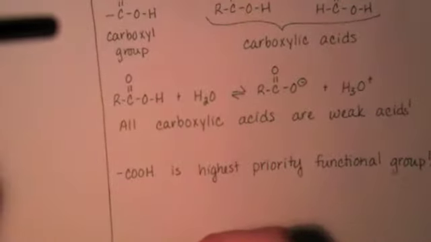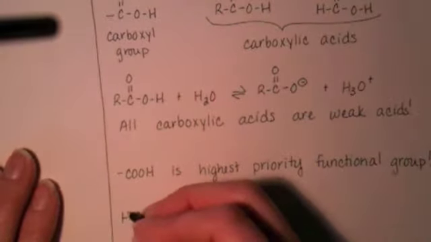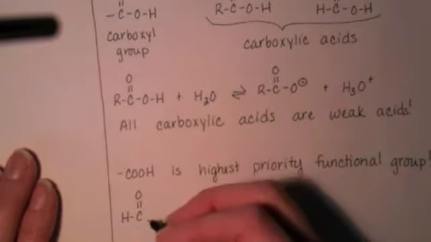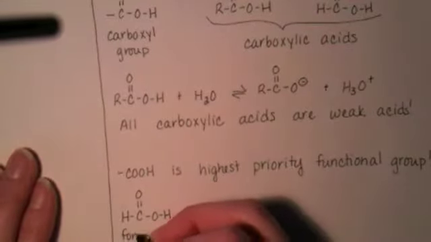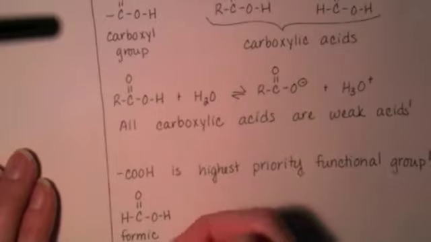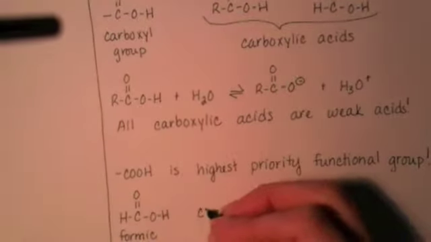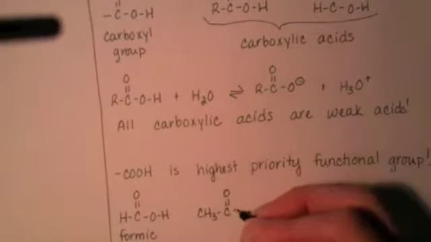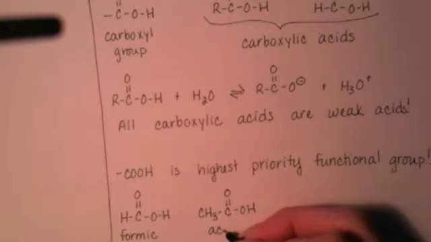There are 3 common carboxylic acids that you should be familiar with their common names. One of them, the littlest carboxylic acid, goes by formic acid. The next smallest one with 2 carbons, which you probably recall from Gen Chem because we use it a lot, is acetic acid.